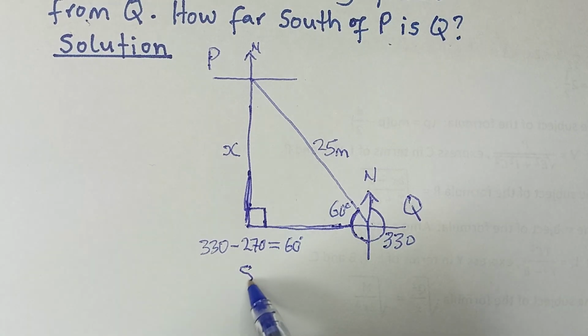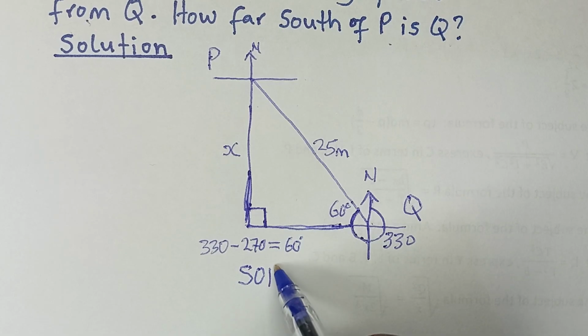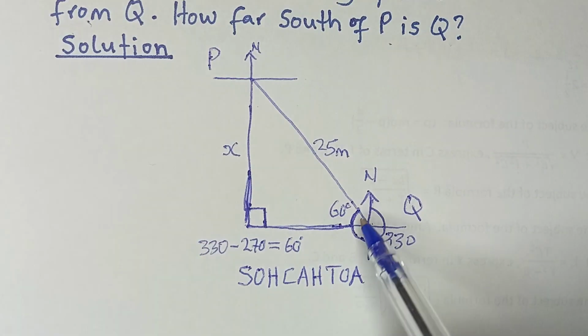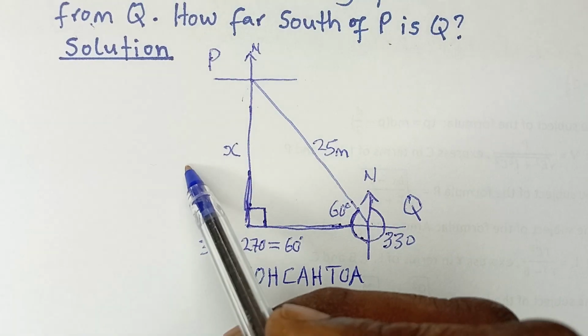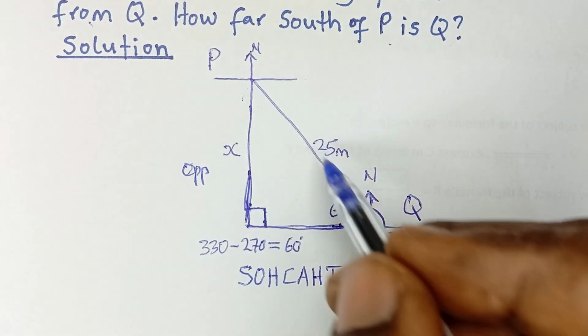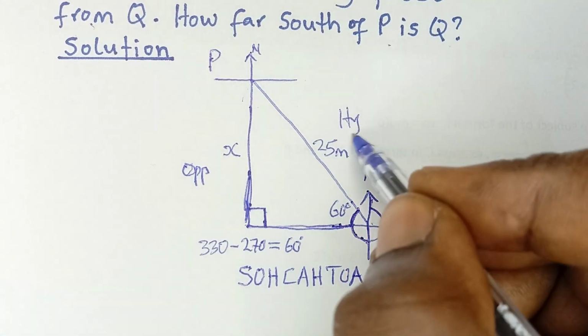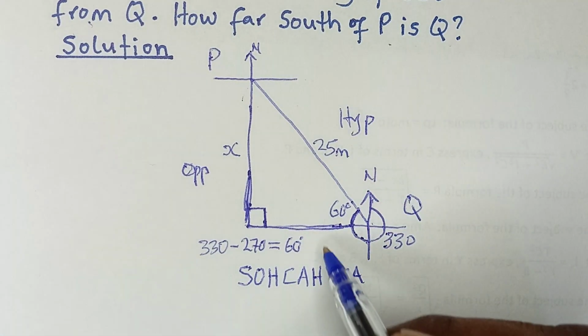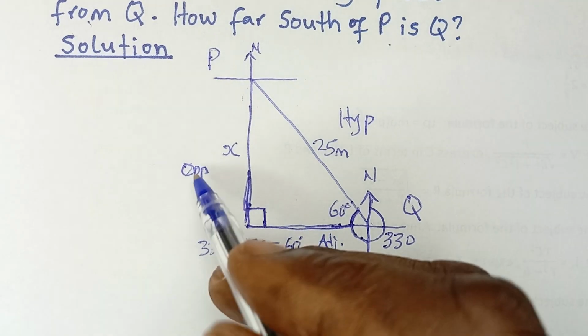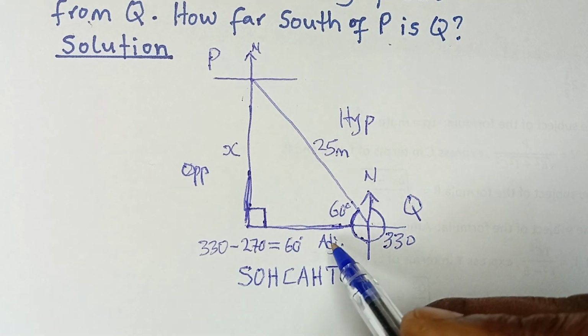From trigonometric ratios, we have this acronym, SOHCAHTOA. This is our 60 degree, the angle that we know. The side opposite that angle is regarded as the opposite side. The longest side, the slanting side, is the hypotenuse. And the third side is the adjacent side.